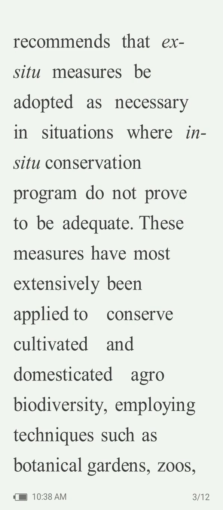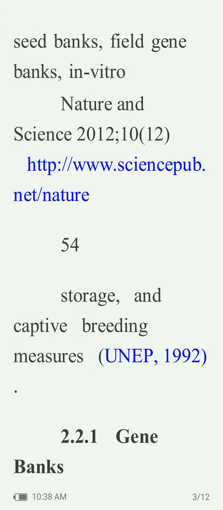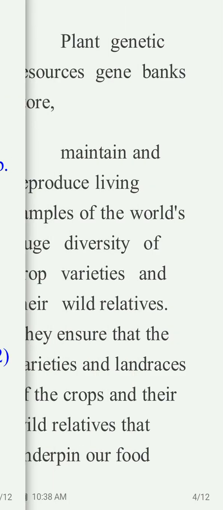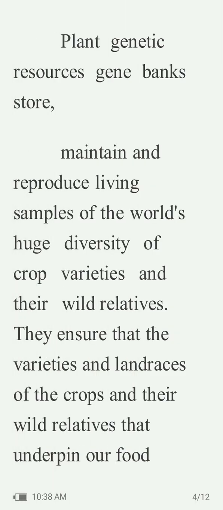These measures have most extensively been applied to conserve cultivated and domesticated agrobiodiversity, employing techniques such as botanical gardens, zoos, seed banks, field gene banks, in vitro storage, and captive breeding measures. Now, gene banks, we will be explaining the gene bank topic.